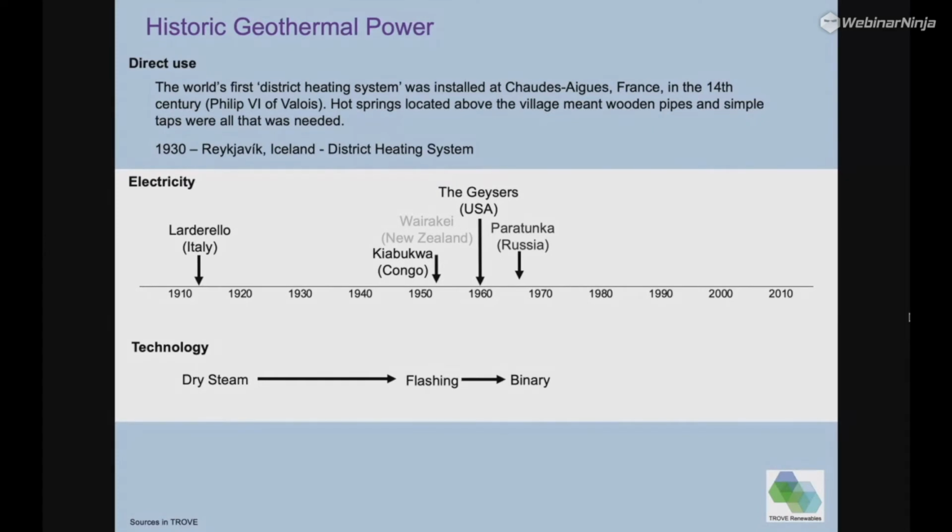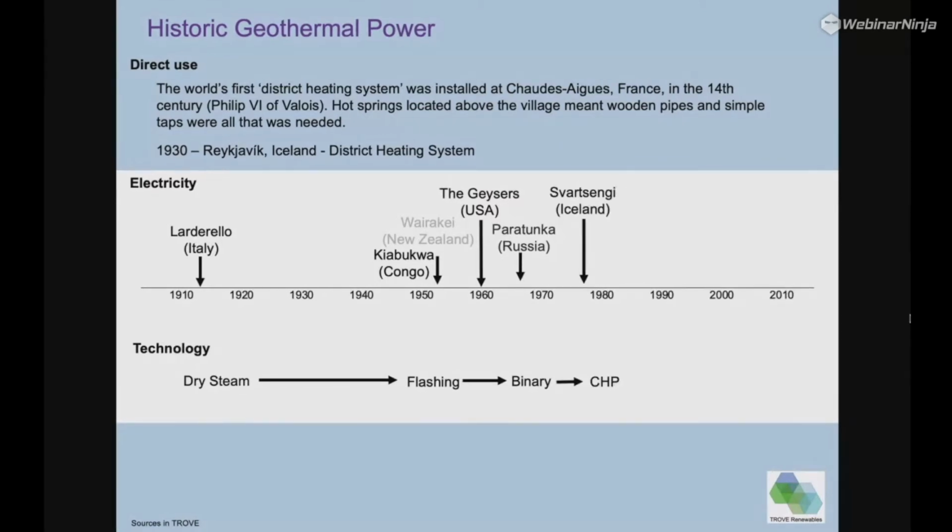In Russia was the next sort of technology development, where they developed a binary power plant. And this is basically using a secondary fluid that has heat exchanged to it from the reservoir fluid. And this secondary fluid has a lower boiling point, and so at lower temperatures, you can create geothermal electricity by this method.